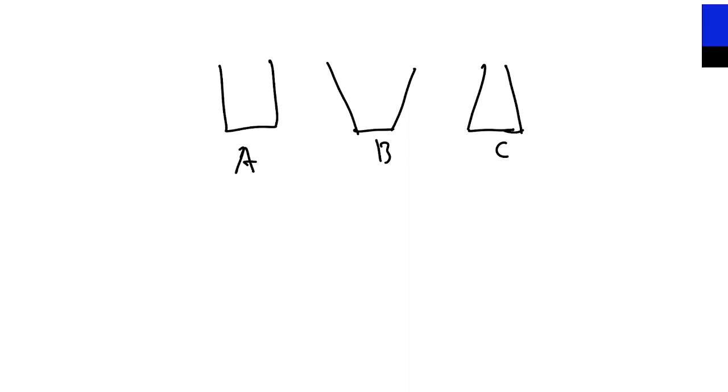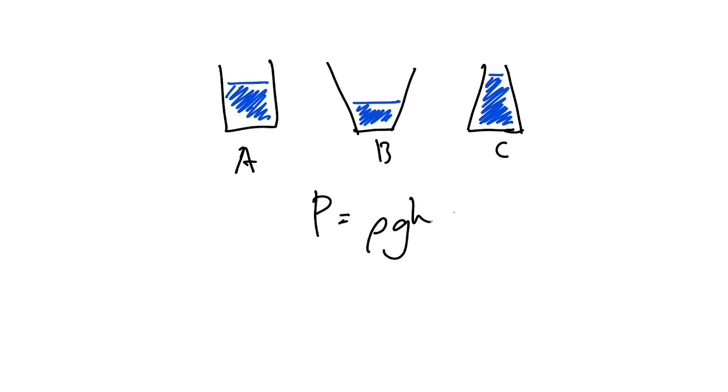So let's change this color a little bit. So we might have this amount of volume here, but we have the same exact volume but at a different height for B, and same exact volume but a different height for C, right? And so remember that our pressure, our static pressure, is measured by rho gh, right? And the fact that each of these has a different height means that the pressures are going to be different.